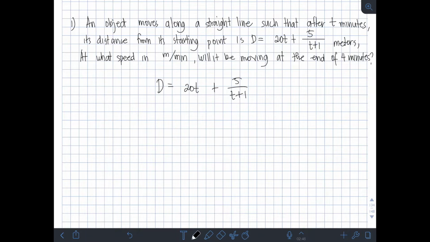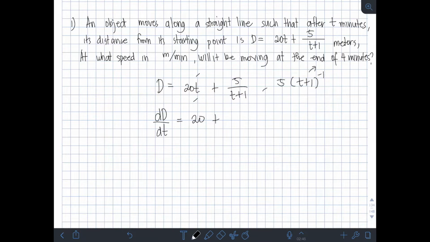Okay, so kapag sinabing speed, yun yung rate of change nung ating distance with respect to time. Or in terms of derivatives, it is equal to the derivative of d with respect to t or dd/dt, right? So, hanapin natin itong derivative ng d with respect to t. Okay, so, derivative natin term by term, we have derivative ng 20t is simply 20 plus derivative ng 5 over t plus 1. So, para madali, gawin ko na lang siyang 5 times (t + 1) raised to negative 1, right?